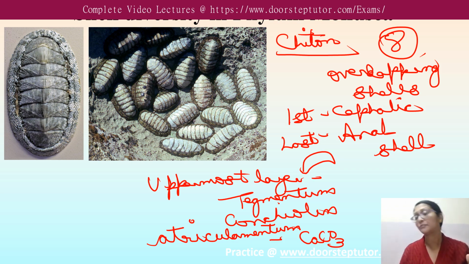Remember, in shell formation, calcium and carbonate constitute the major constituents of all the shells. In arthropoda, the shell is made out of chitin, whereas in mollusca, calcium carbonate is a very important component of the shell.